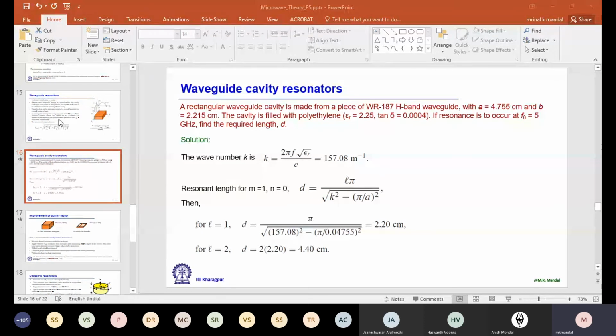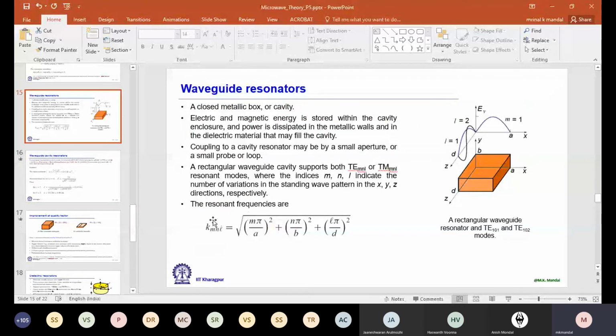If nothing is mentioned, then we always stick to the fundamental resonant mode, or for a guiding structure, the dominant mode. So we have to use this expression for the resonant wave number and put the values. Along d it is L, so L equal to 1, M equal to 1, and b is the height. Along this it is 0.